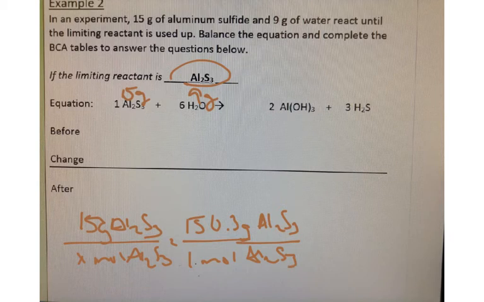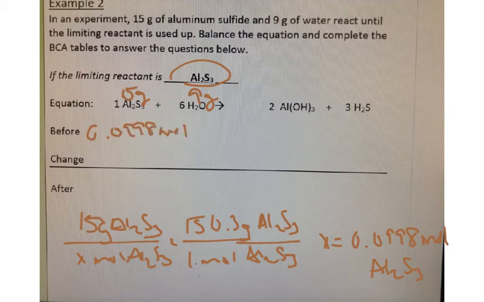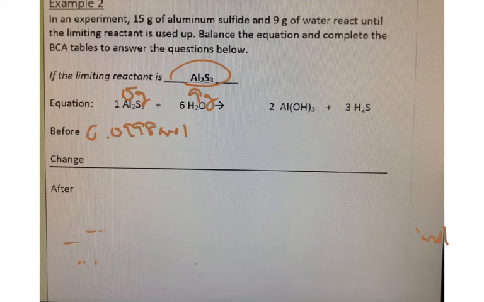So when I cross multiply this, I get that if I had 15 grams, I had 0.0998 moles of aluminum sulfide. So right now I'm going to fill in my B chart for 0.0998 moles.